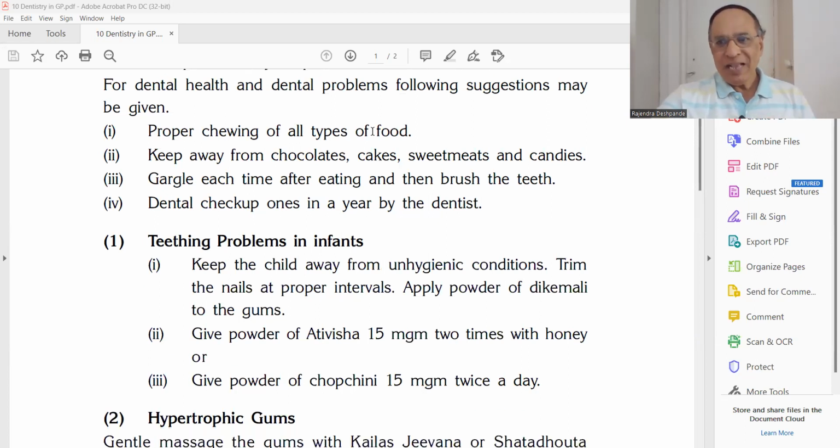Proper chewing of all types of food is very, very essential. Because of our fast lifestyle and fast food, we are getting fast degeneration of each and every body cell. Even our enamel is being lost, and then you see the advertisement of Sensodyne toothpaste. We are not caring that much, and that's why there are a lot of problems.